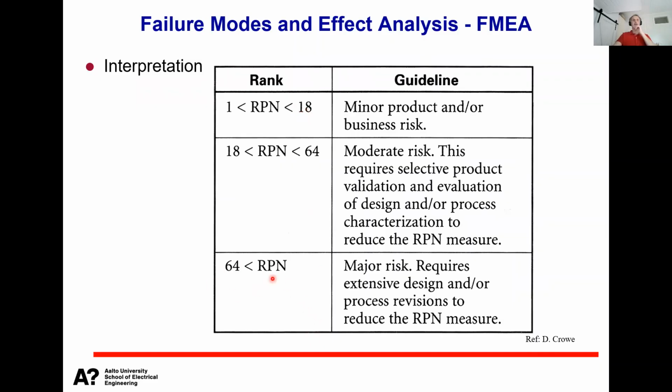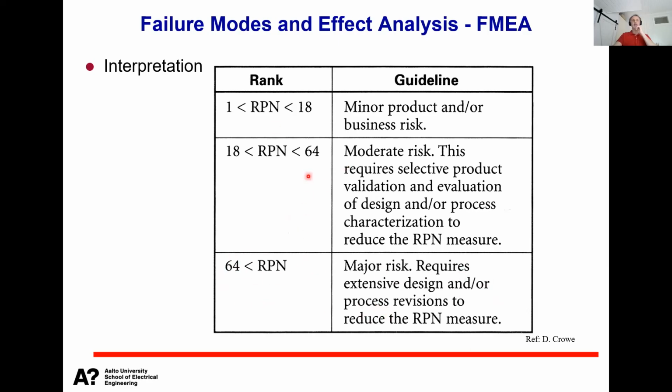If it's more than 64, so what is that? If you have 4 times 4, it's 16, times 4, so it's 64. So it's on average quite close to 4. Then if you exceed this value, then it's a major risk. So typically you need to do something.